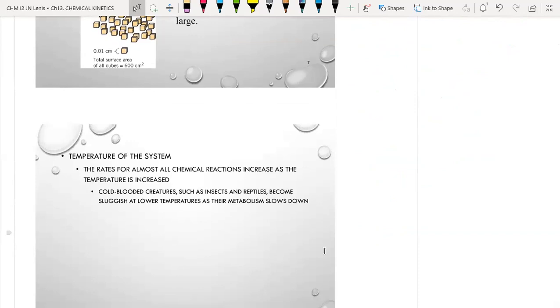And that makes sense because if we have a system at temperature T1, let's give a number, 25 degrees Celsius, a room temperature.